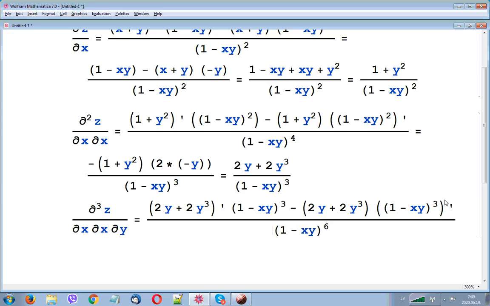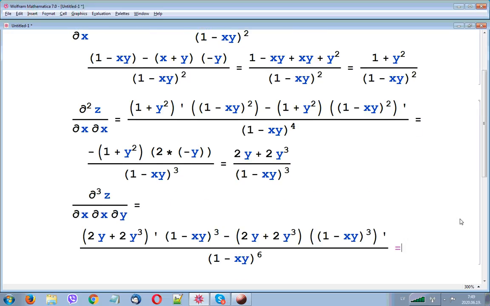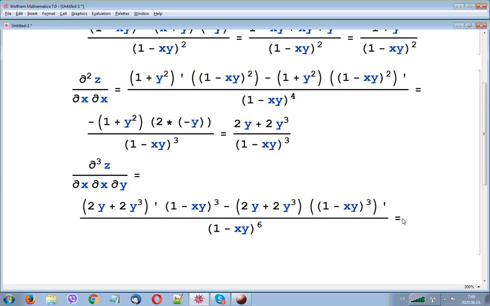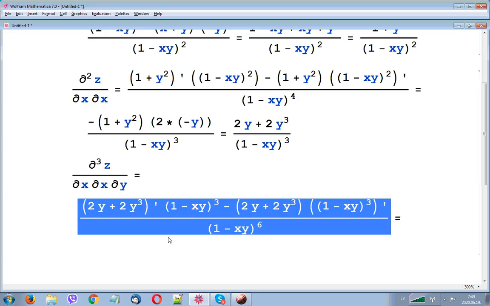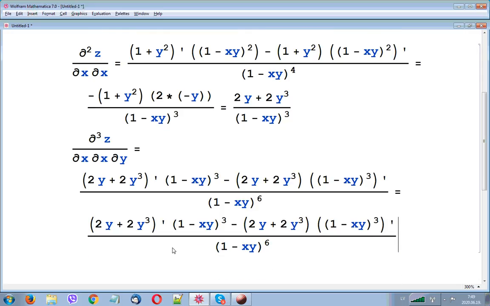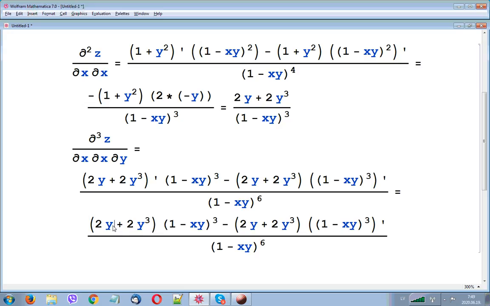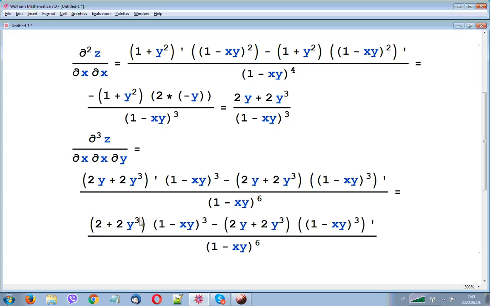And in order to find this, we need to find derivatives. I will copy this to save time when writing, and here if you want to derive that, you will have 2 plus 6y squared.